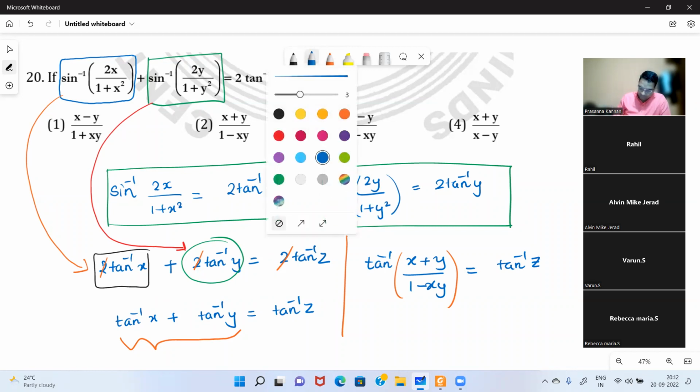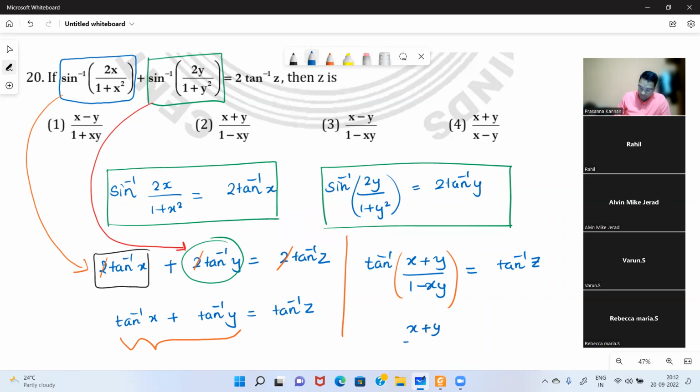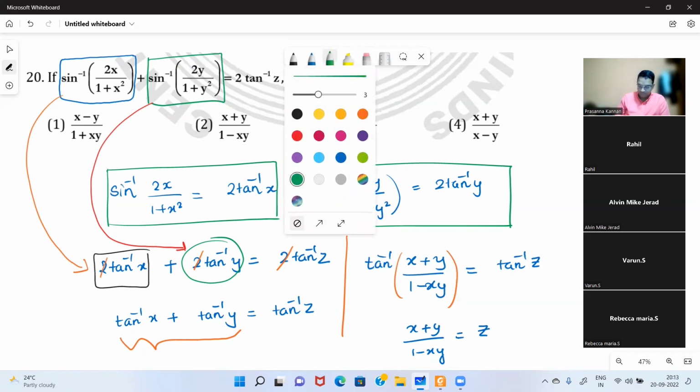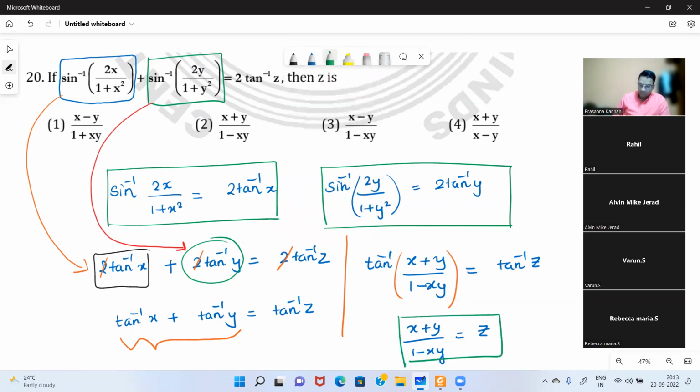So you will get x plus y divided by 1 minus xy should be equal to z. So z is nothing but x plus y divided by 1 minus xy. Are you clear with this? Yes, sir. You may take it down.